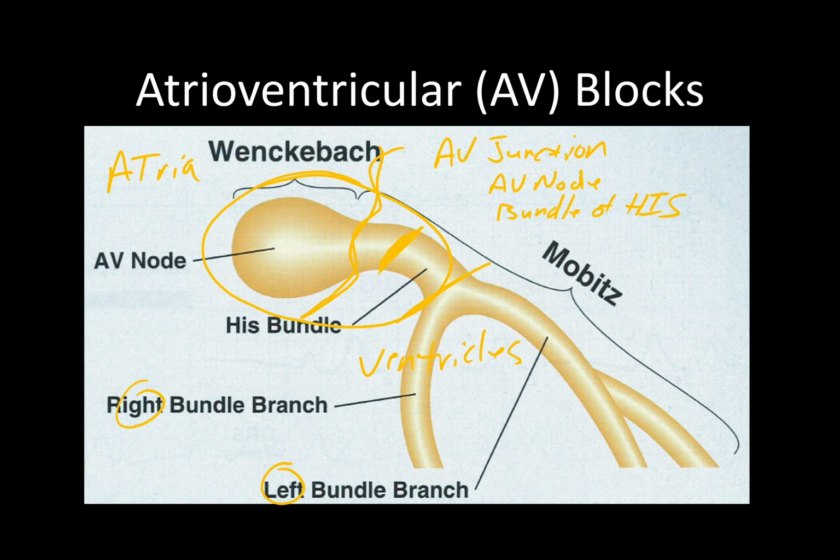That's the hallmark of these AV blocks: something somewhere as part of this AV junction is damaged or busted and is causing delays or complete blockages of the electrical impulses trying to get through.